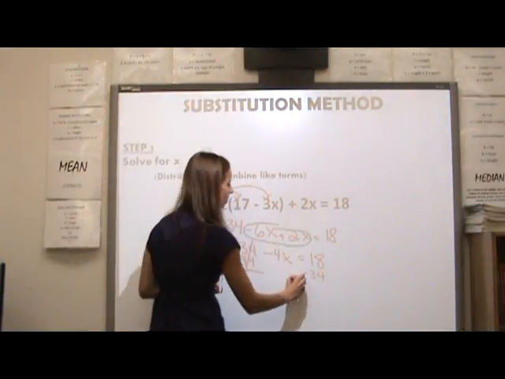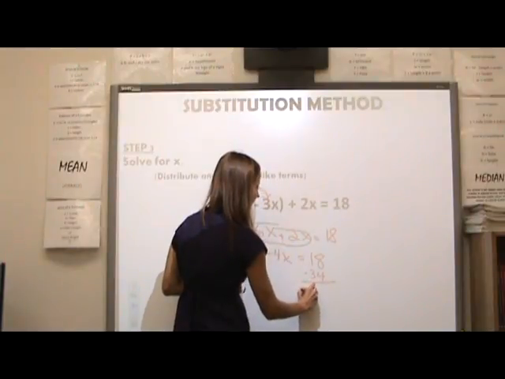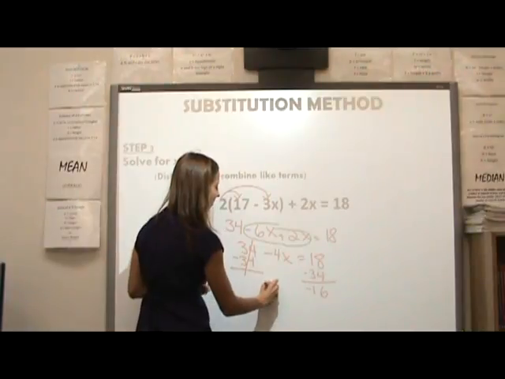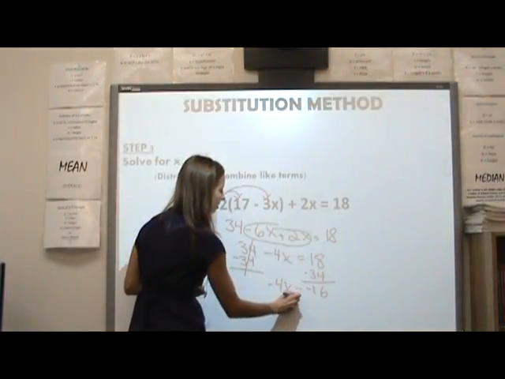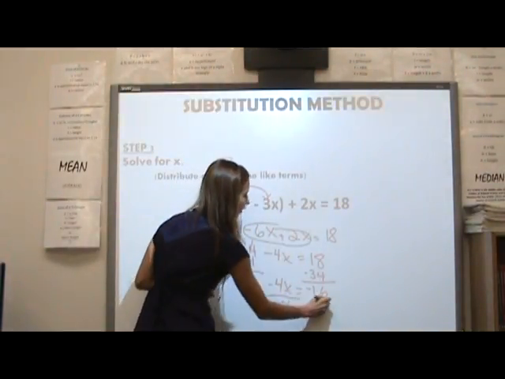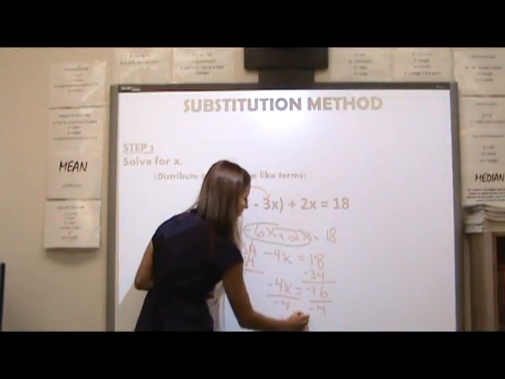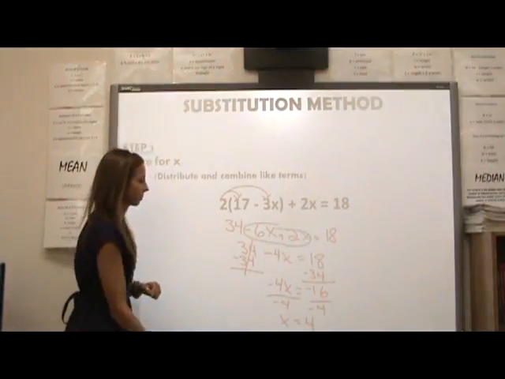Cancel this side out, and we're left with a negative 16. We drop our negative 4x down and divide by 4. X is equal to 4.